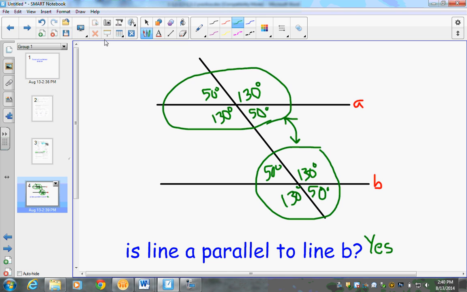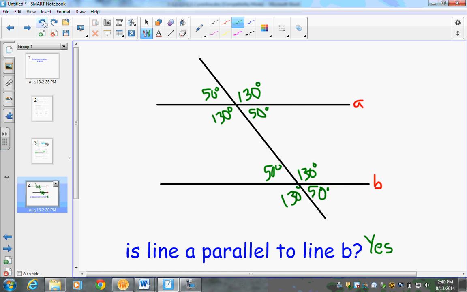That's what we're looking for. But let's say I changed it up and said 50 and 130, and then down here this is 40 and this is 140, which means this right here would be 140 and this right here would be 40. Now is line A parallel to line B?